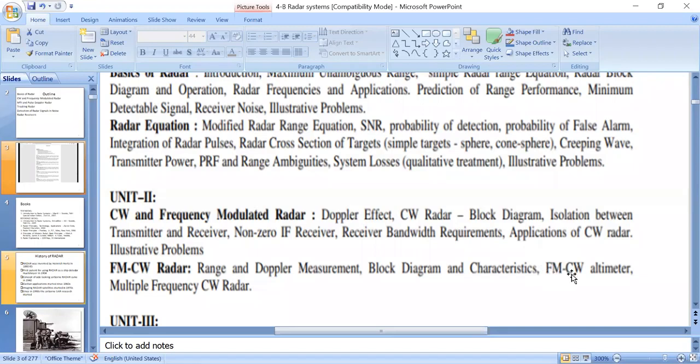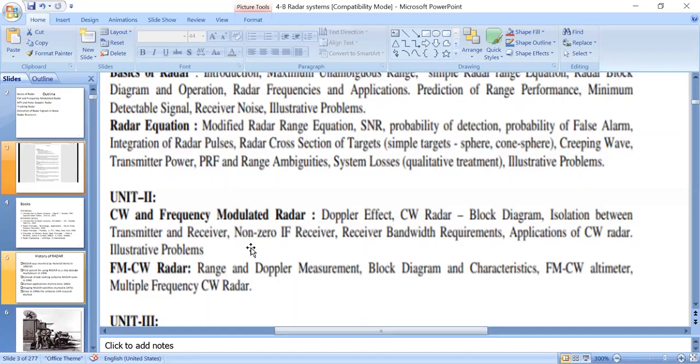The next concept is the FMCW altimeter, an application of FMCW radar. Last class we discussed how the FMCW altimeter works and how it provides AGL measurements. AGL is above ground level, which gives the altitude of the aircraft from the ground level.